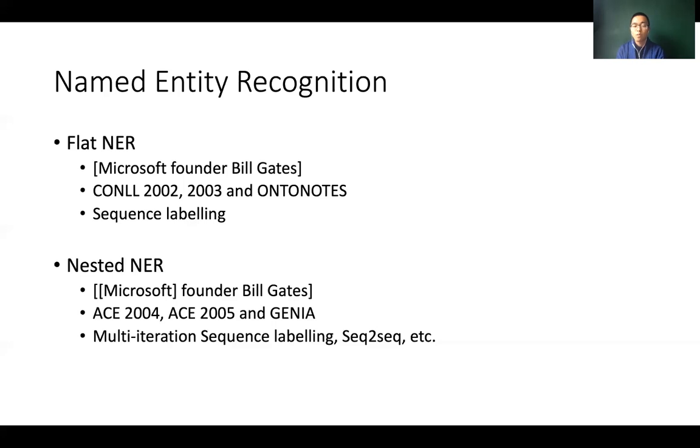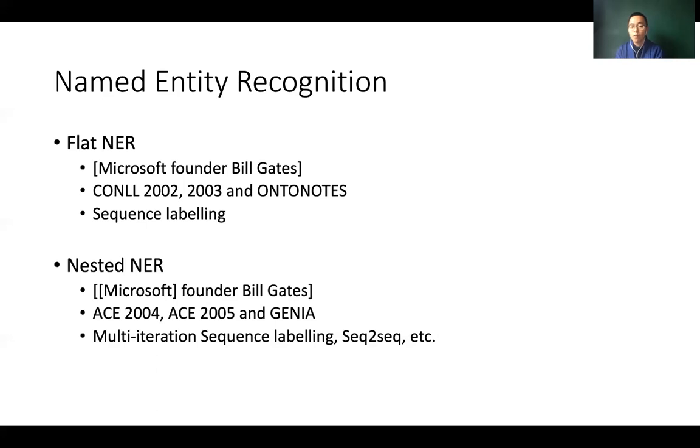Some of the examples are the multi-iteration sequence labeling or the sequence-to-sequence models. Take the multi-iteration sequence labeling as an example. You first do sequence labeling on all the words in the sentence, and then after you extract some of the mentions, such as Microsoft founder Bill Gates, you feed the system those mentions, not the sentence.